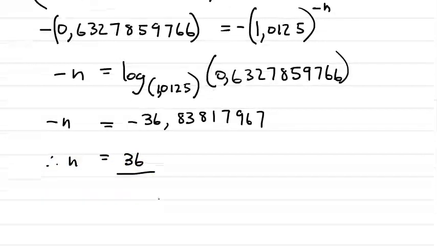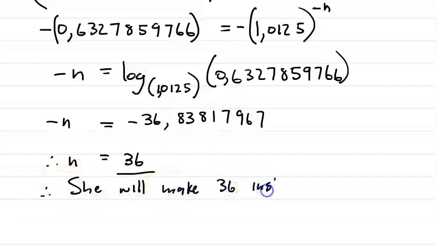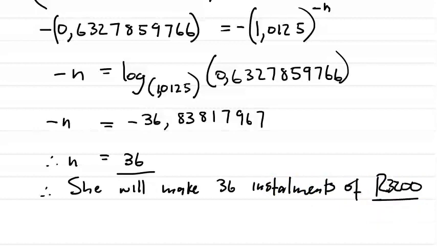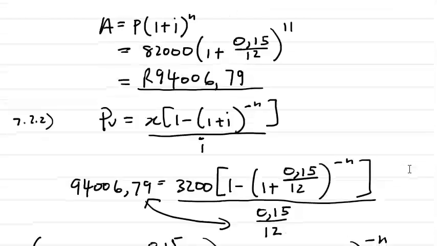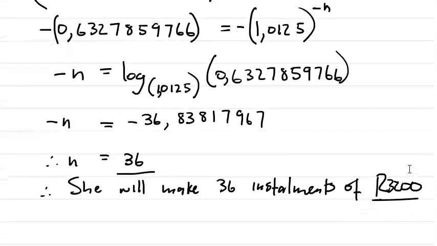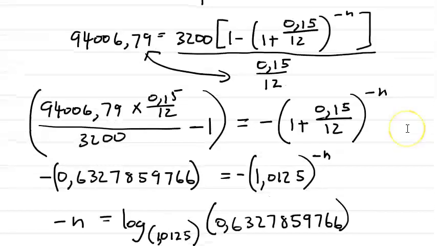So therefore, she will make 36 installments of 3,200 rands. Now, if they had asked us how many installments it would take for her to finish this loan, it would be 37 installments. Alright, so the 37th installment would actually be the final payment.